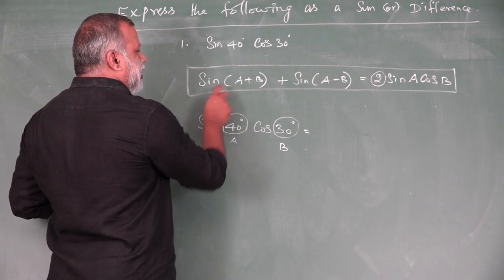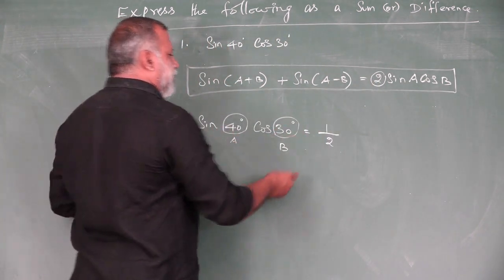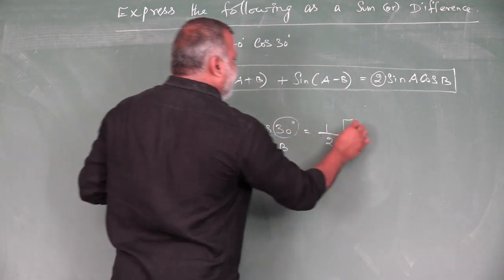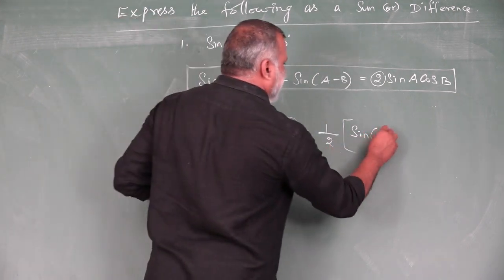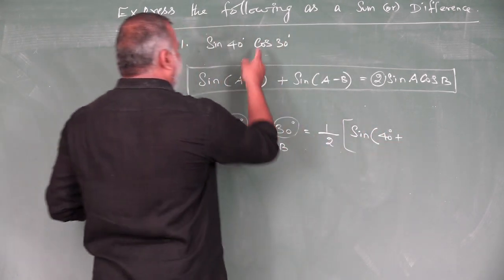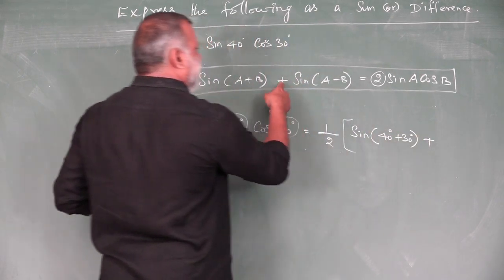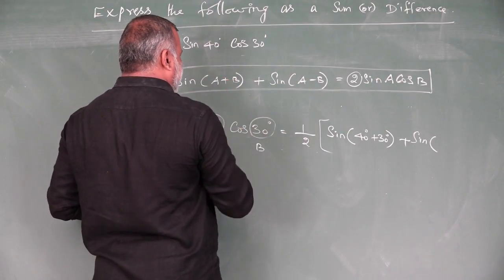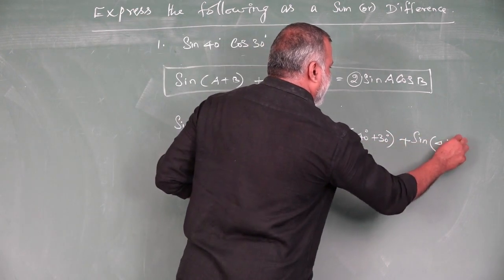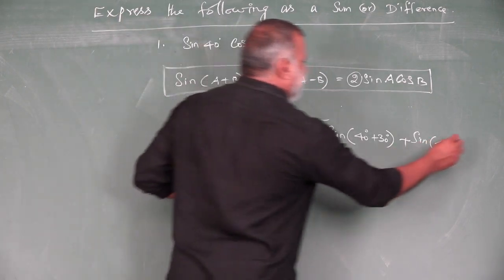Now listen, since 2 is not given, it will be half. Sin of (a plus b), where a is 40 degrees and b is 30 degrees, then plus, see here plus, sin of (a minus b), where a is once again 40 and b is 30.